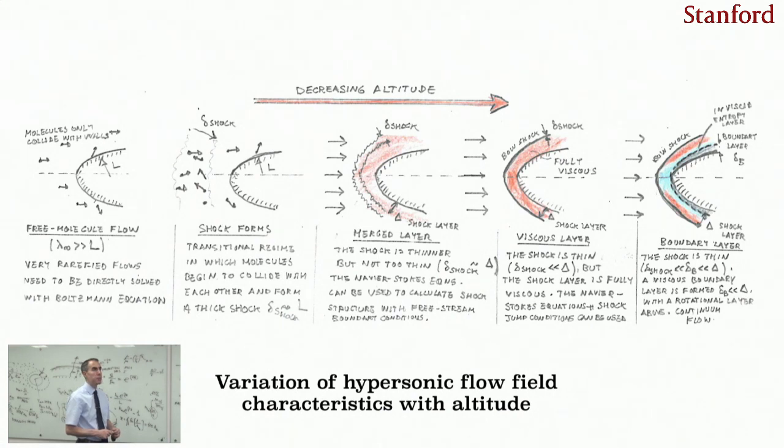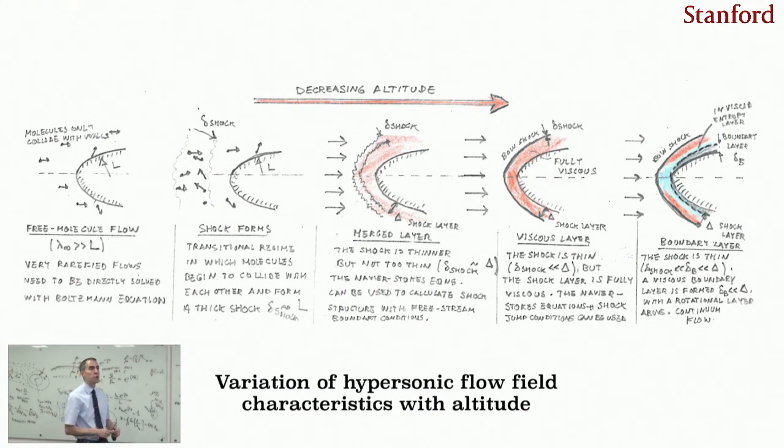In that scenario, the shockwave is still very thick, and it can be as thick as the length of the object. The flow is still kind of rarefied. Then if one decreases the altitude even further, the shock becomes thinner. In particular, the thickness of the shock becomes of the same order as the thickness of the shock layer.